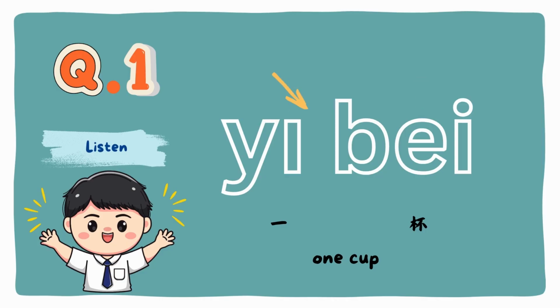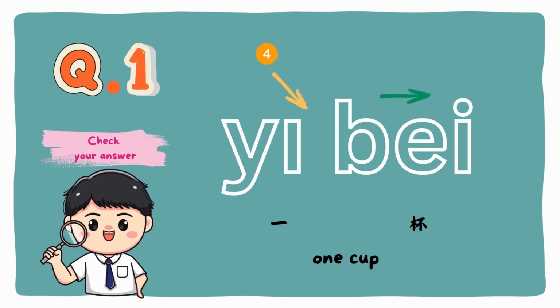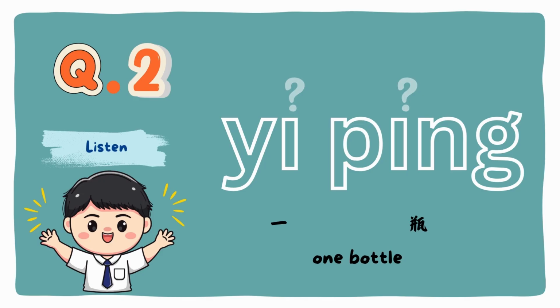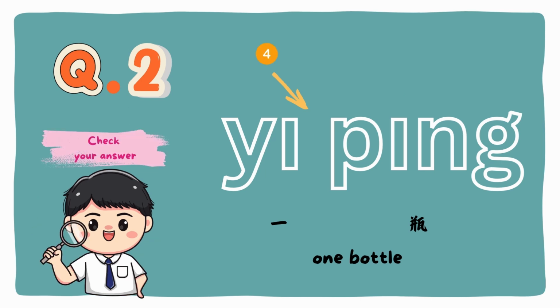Did you spot that? Yi changes to the fourth tone, and 杯 is the first tone. Next, 一瓶. Yi is in the fourth tone, followed by the second tone, 瓶.